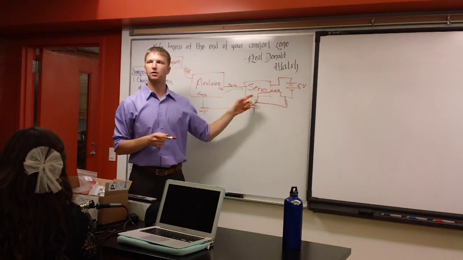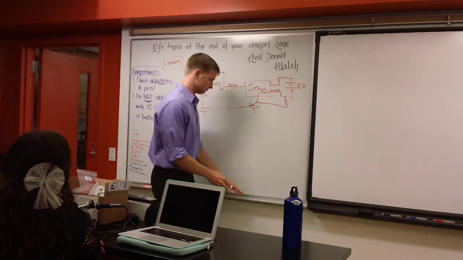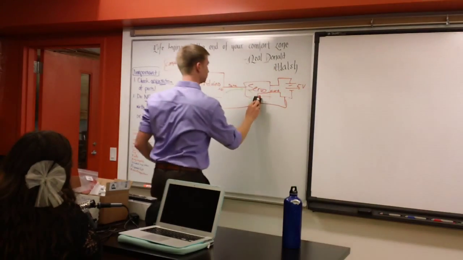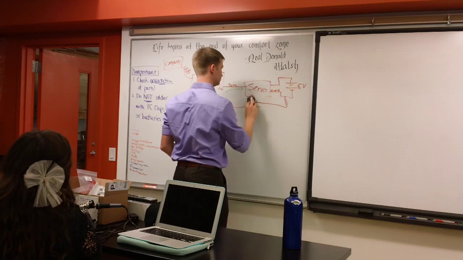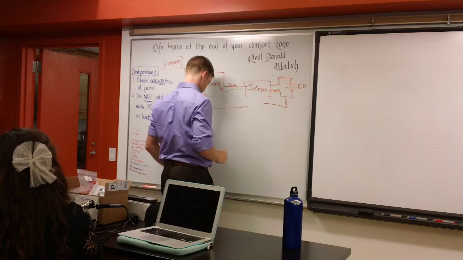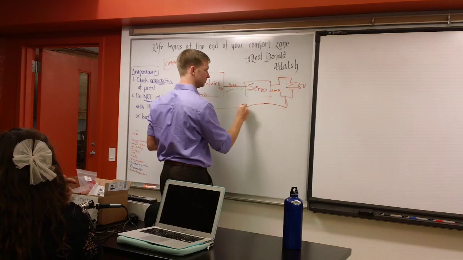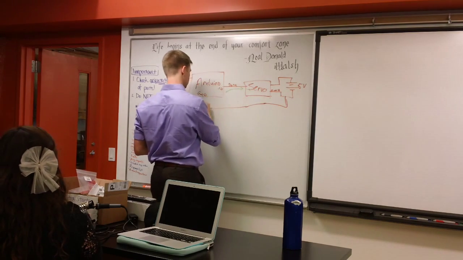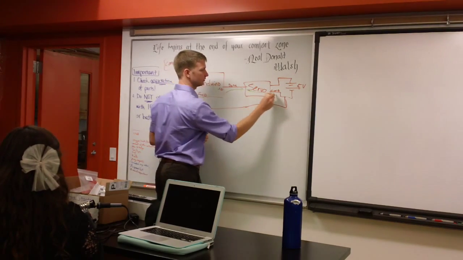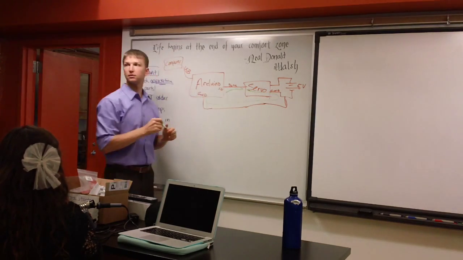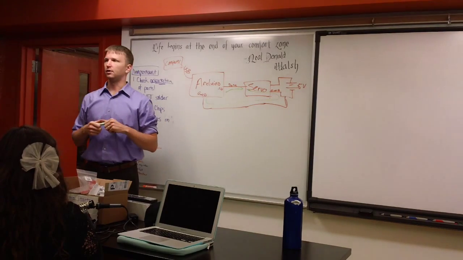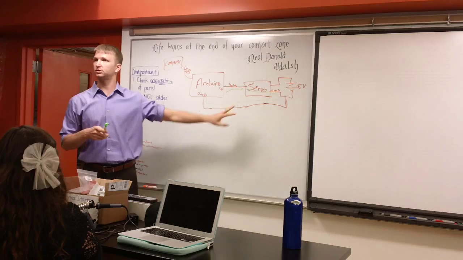But you're right, that would have been more clear if I had drawn it like this. So it goes from here, and then it goes from here, back in. Does that make more sense? Okay.